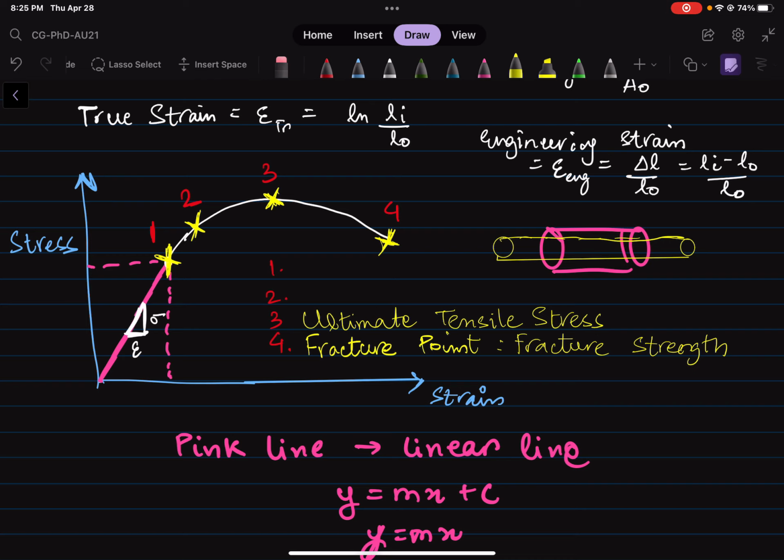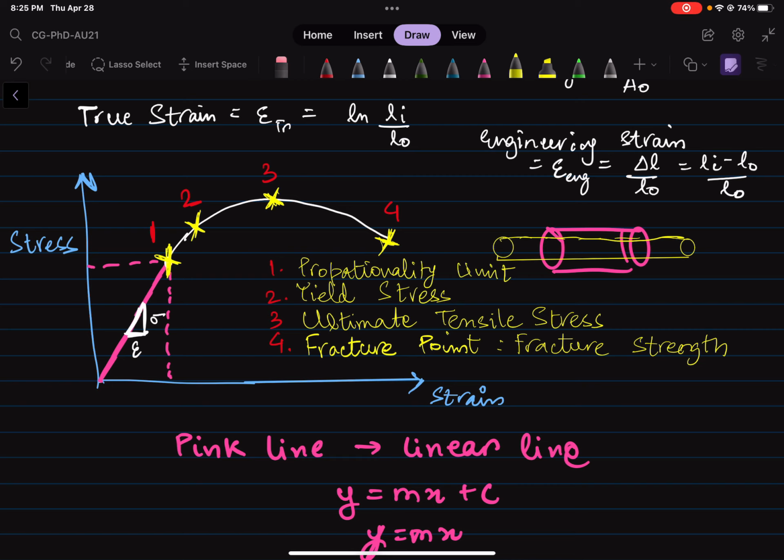Point number 2 is the yield stress. And point number 1 is the proportionality limit.